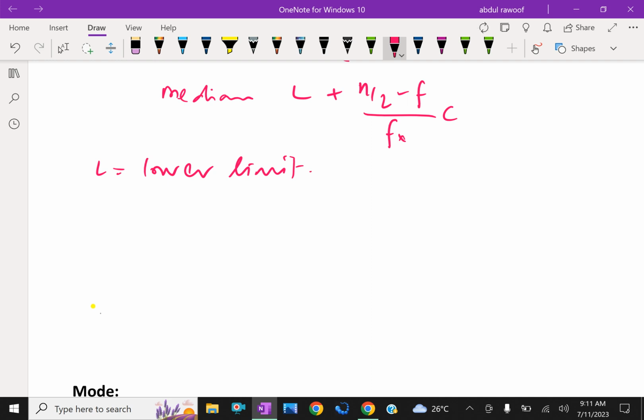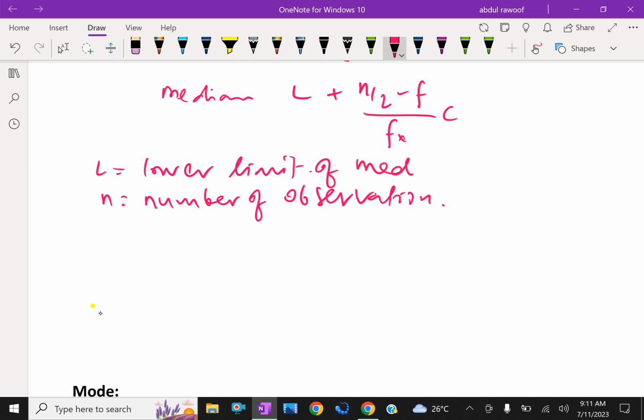n equals the number of observations, and L is the lower limit of the median class. We have to select the median class. In that, L is the lower limit of the median class. N equals the number of observations.